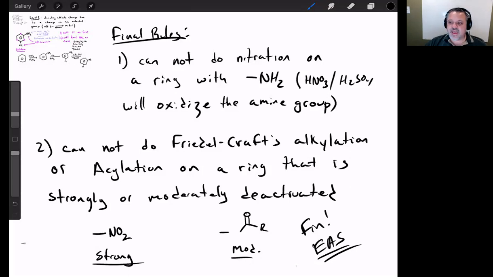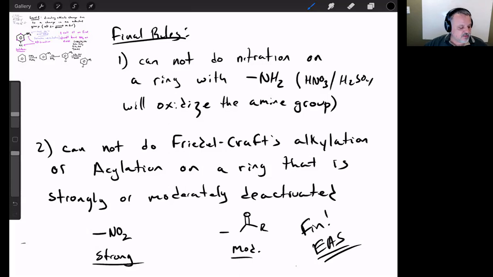So the question is asked, can you use the Clemmensen reduction to bypass the moderate acyl group? I'm not so great with names, but you'll have to type yes in chat if I'm on the right track.